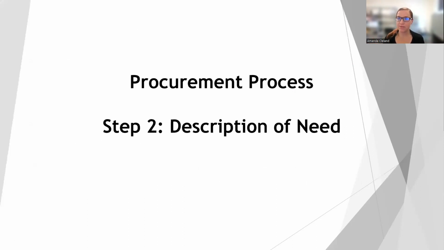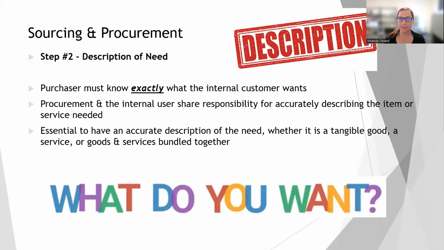And number 2, we've got the description of the need. So the purchaser has to know exactly what that internal customer wants. Again, there can be nothing left up to interpretation. We need to know, what do you want? So procurement and that internal user usually share responsibility for accurately describing the item or the service that they need.